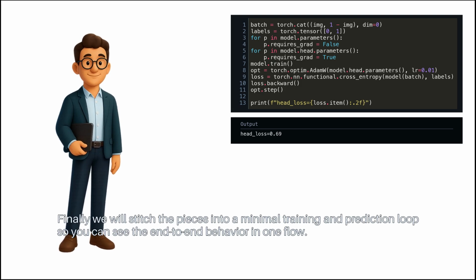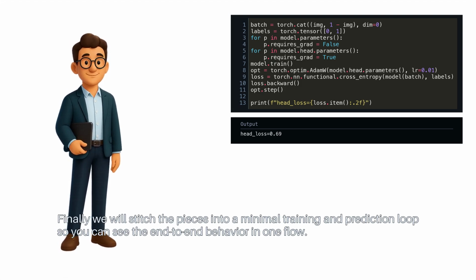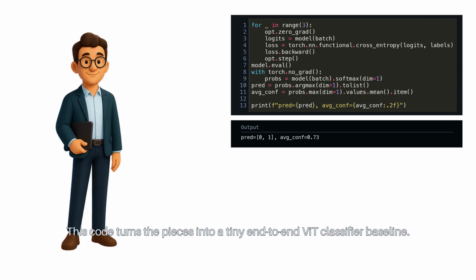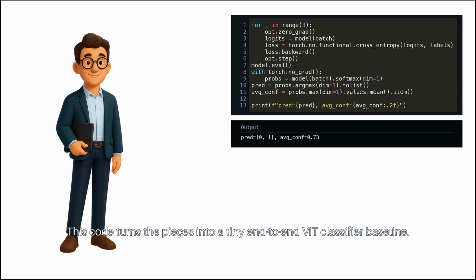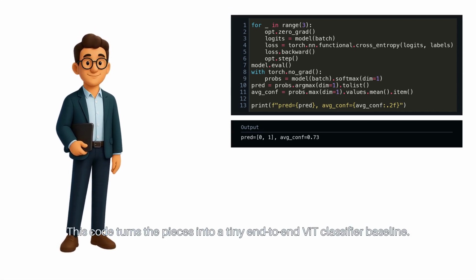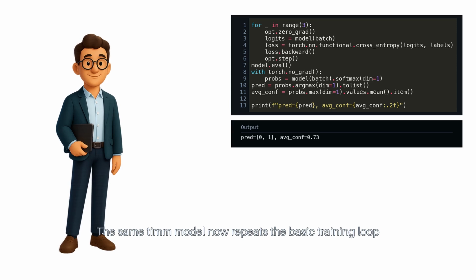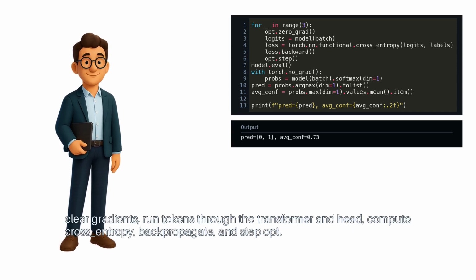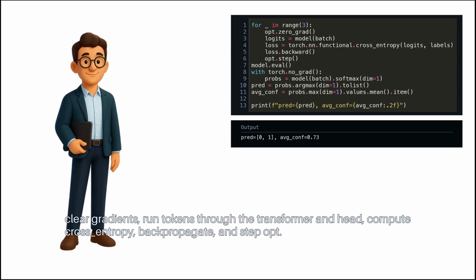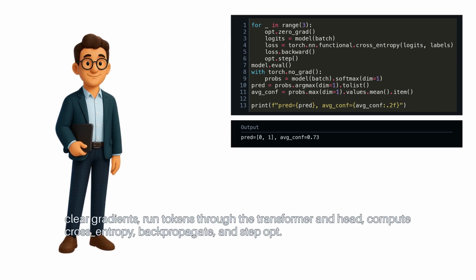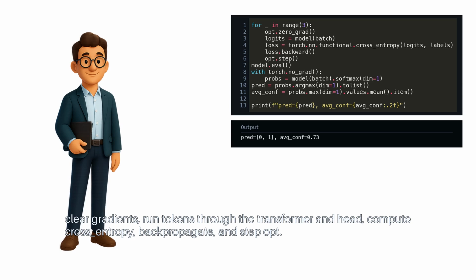Finally, we will stitch the pieces into a minimal training and prediction loop so you can see the end-to-end behavior in one flow. This code turns the pieces into a tiny end-to-end ViT classifier baseline. The same timm model now repeats the basic training loop. Clear gradients, run tokens through the transformer and head, compute cross-entropy, backpropagate, and step the optimizer.